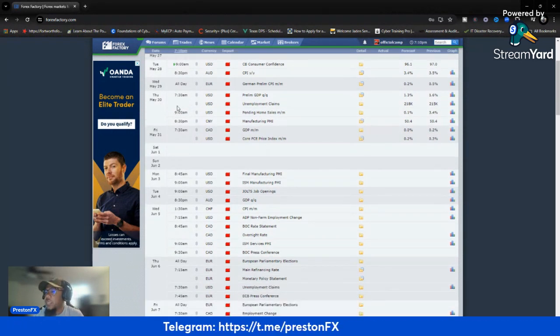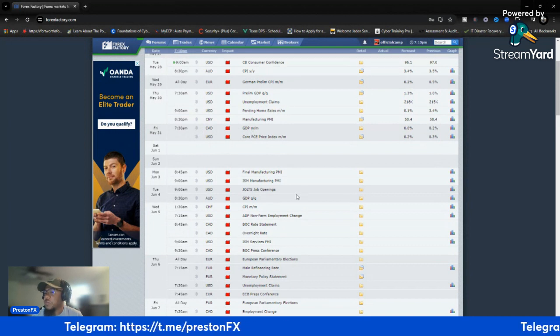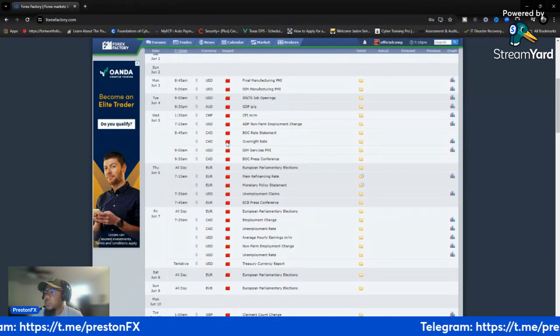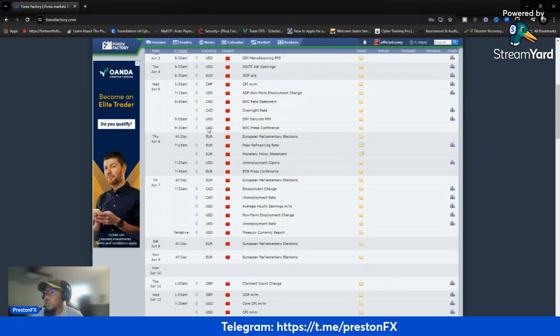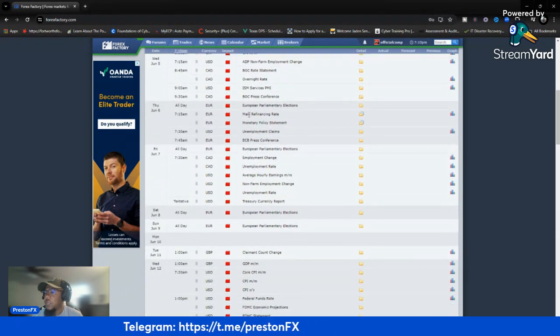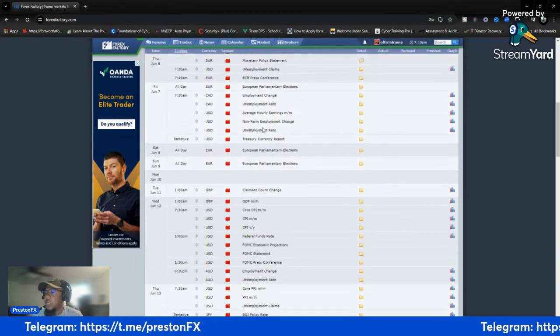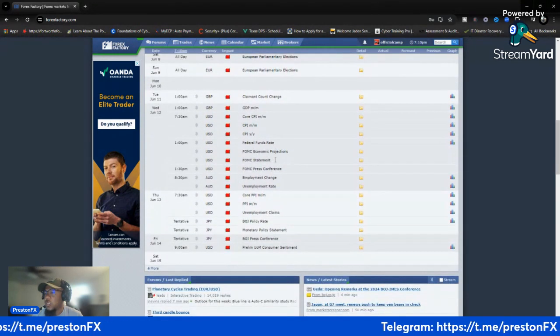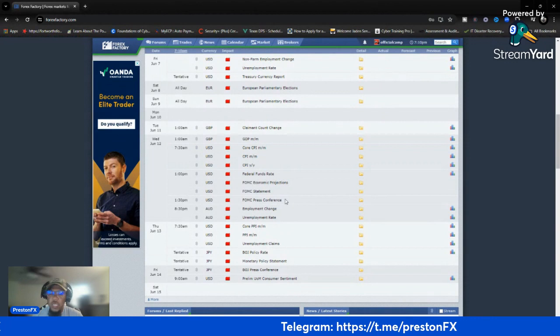I leave that be. But right here you've got non-farm payrolls, CPI, and for the euro, unemployment claims. These red folders going towards the middle of the month are where you can see your best trades.